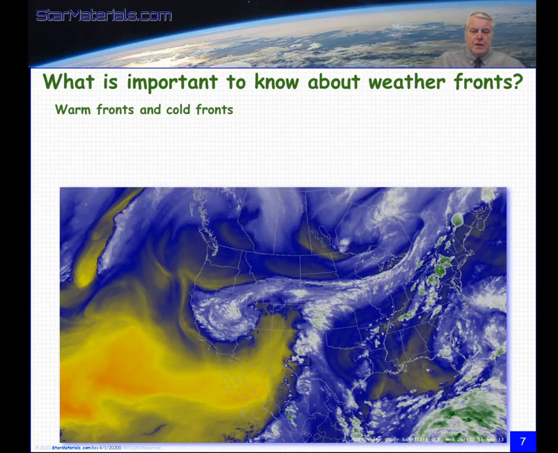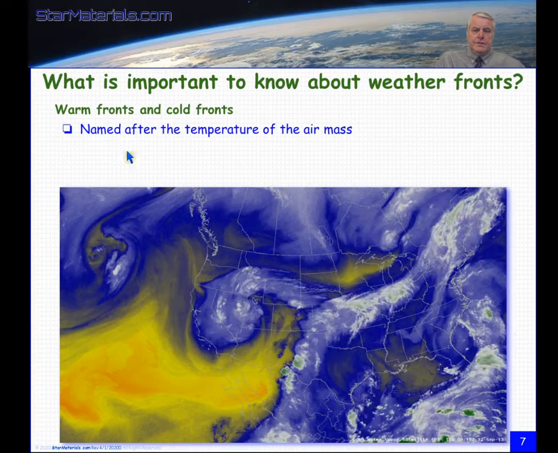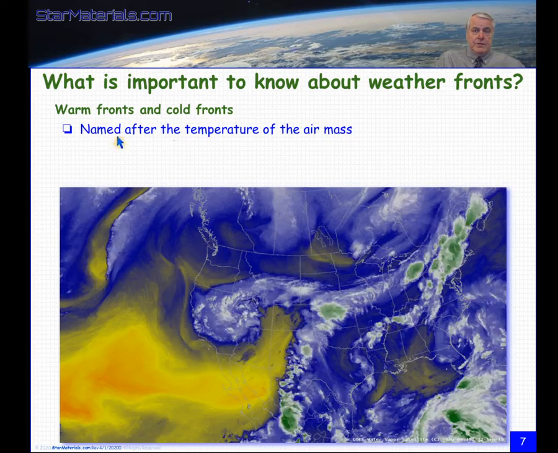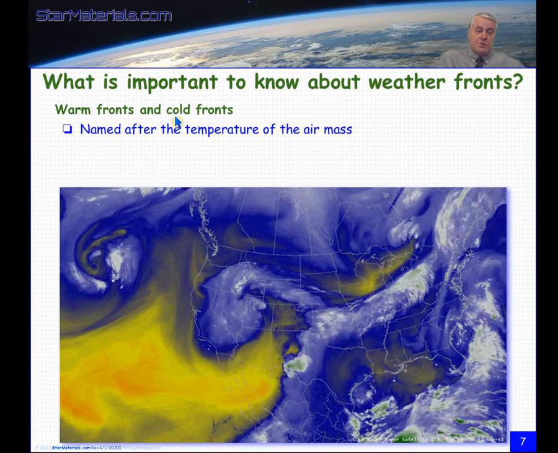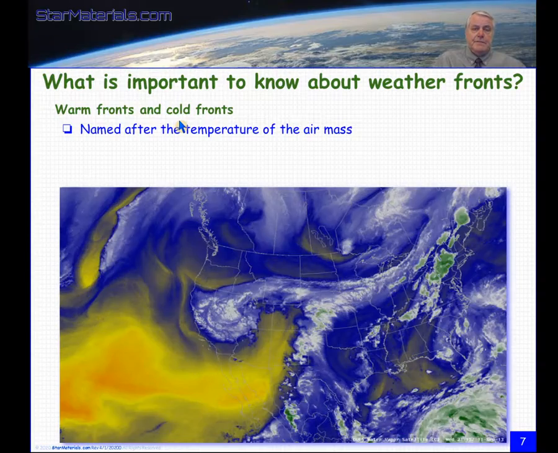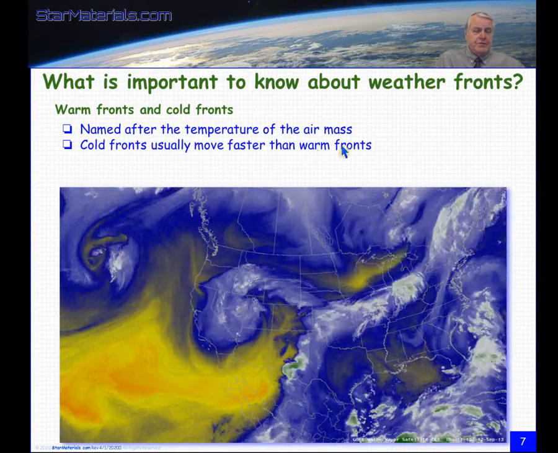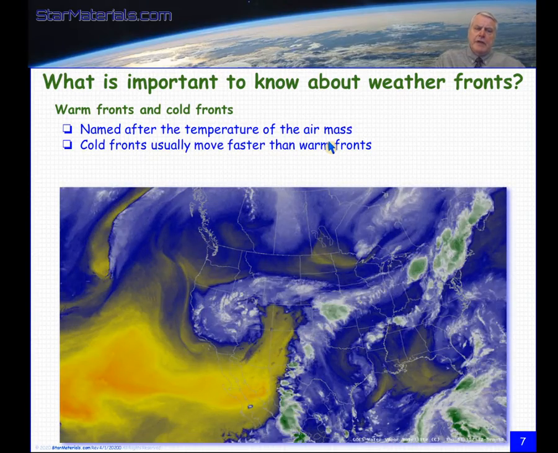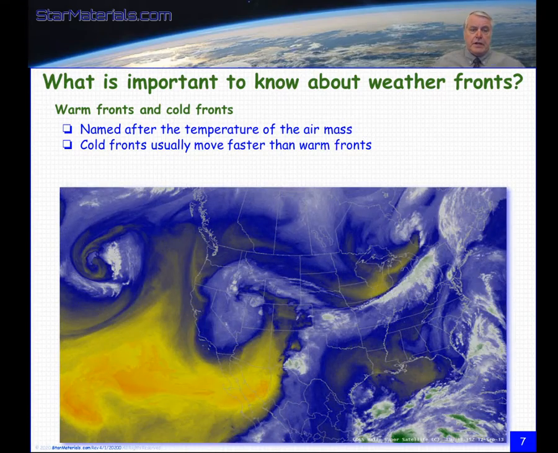Okay, let's talk about warm fronts and cold fronts. They're named after the temperature of the air mass. So you have warm fronts, warm air, cold fronts, cold air. That just makes sense. Cold fronts usually move faster than warm fronts. There's more air molecules there, so there's more moving.